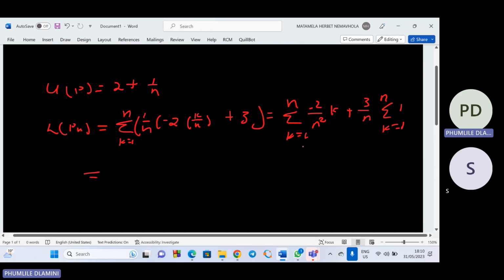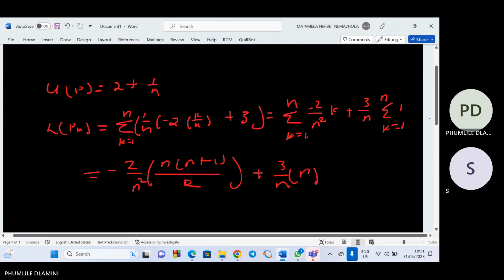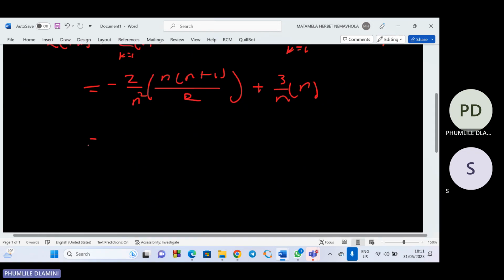So now when we have this, we can take minus 2 over n squared out. Then we're going to be left with the sum of k, which we can rewrite as n times n plus 1 over 2, plus 3 over n. This is just 1 there. Then we can just say this is n. Now this will cancel with this one here, and this one will cancel with this one.